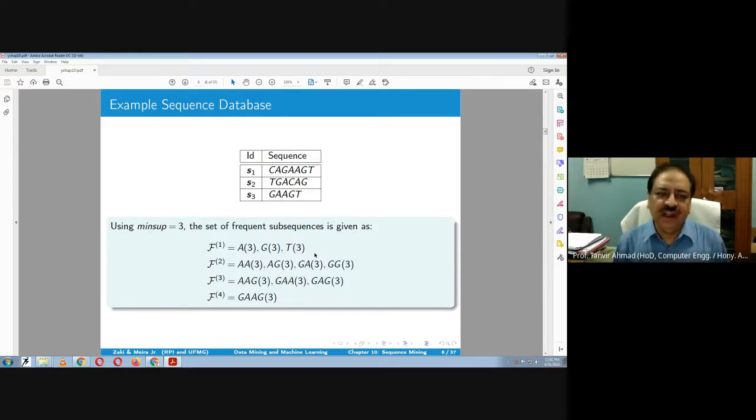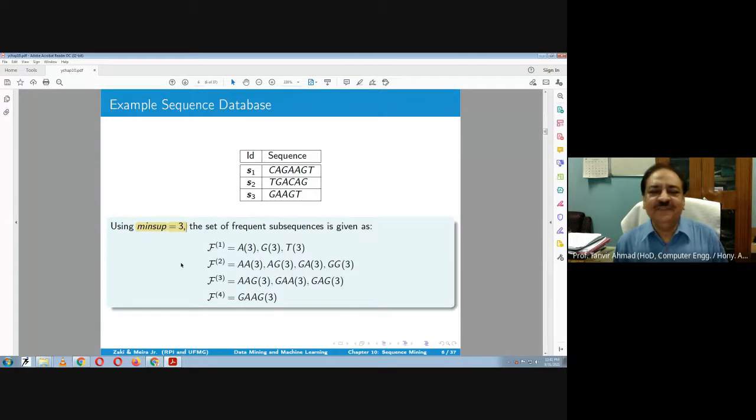And I want to find what are the frequent subsequences when the minimum support threshold is given to be equal to 3.